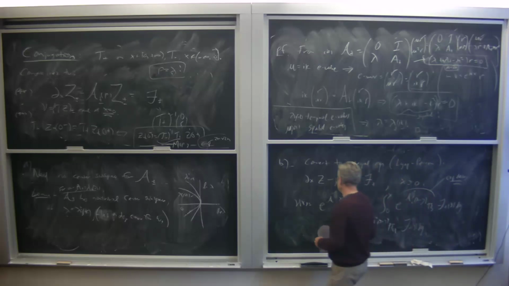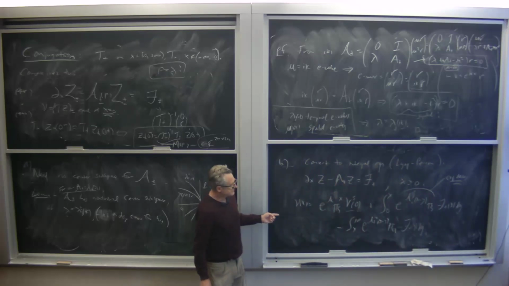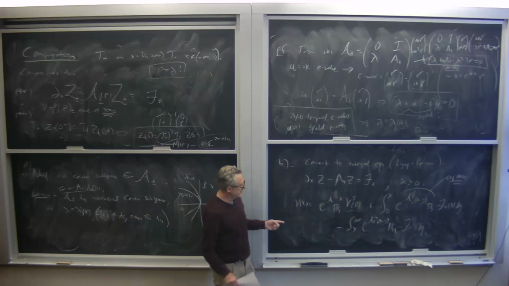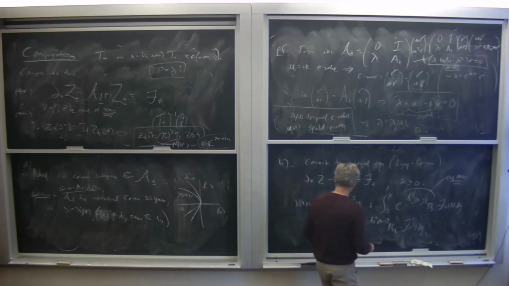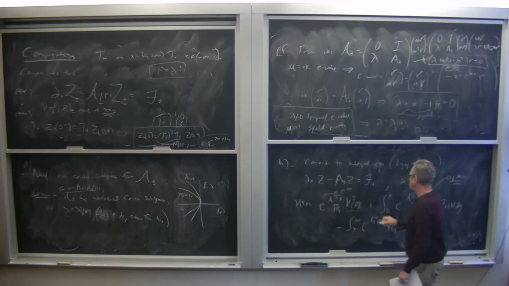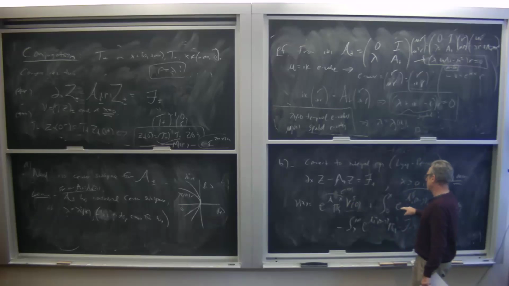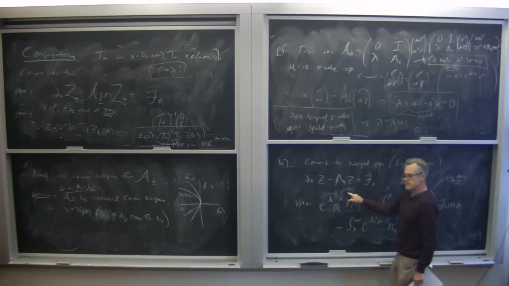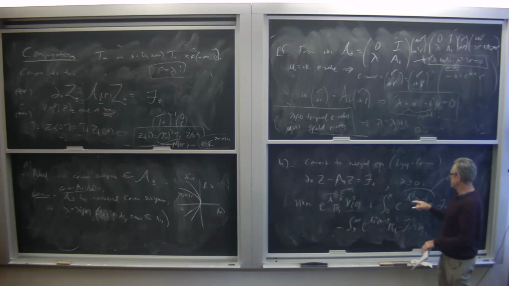So I can write the solution this way. And notice that everything in sight is exponentially decaying. This is going forward, and this is the stable part, so it's decaying like e to the minus theta absolute value of x minus y, where x minus y is positive.